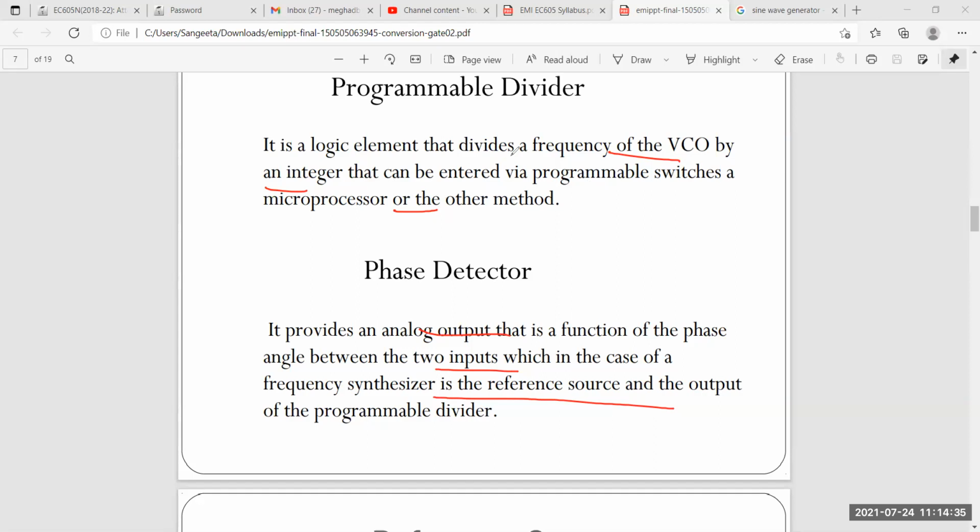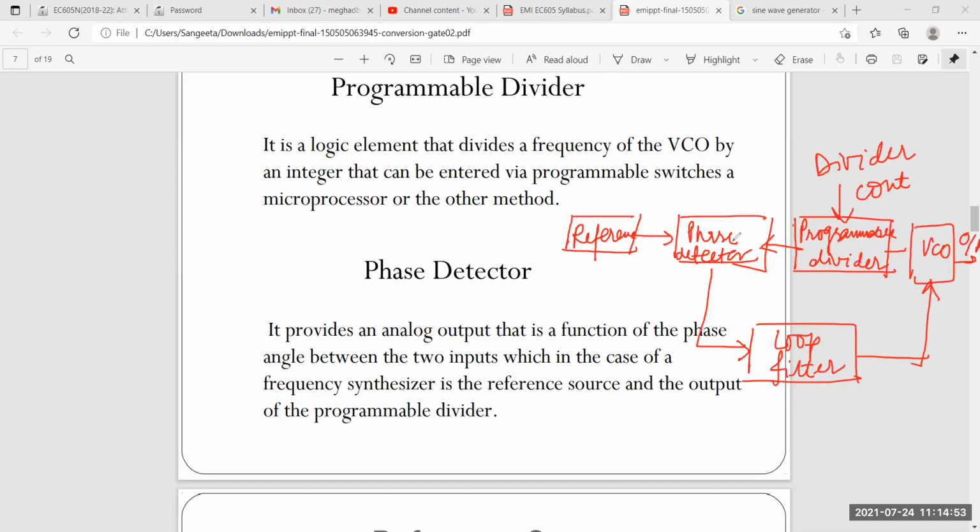Phase detector: it provides an analog output that is a function of the phase angle between two inputs, which in the case of a frequency synthesizer are the reference source and the output of the programmable divider. Let me show you the previous diagram. I think you remember this is the programmable divider, and you can see the arrow: the reference output is going into the phase detector, and the programmable divider output is also going into the phase detector.